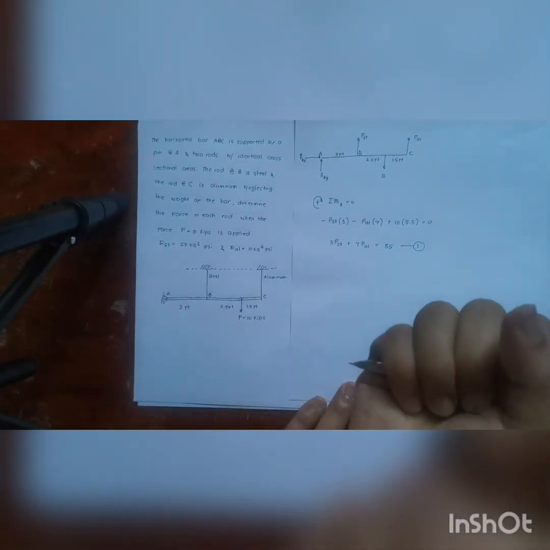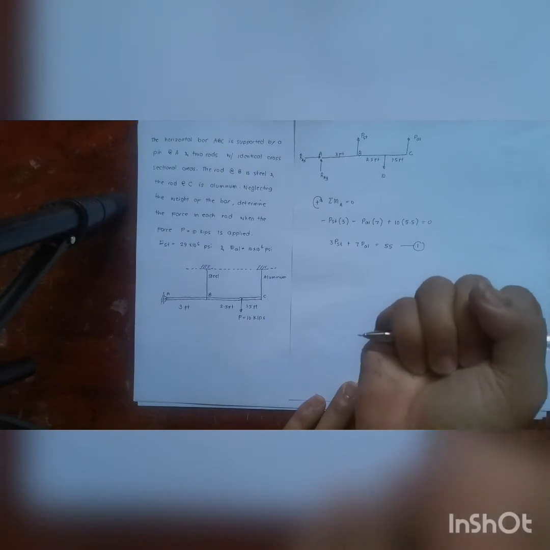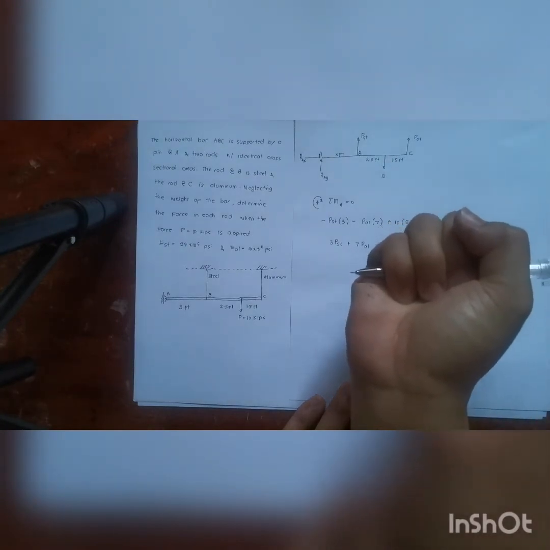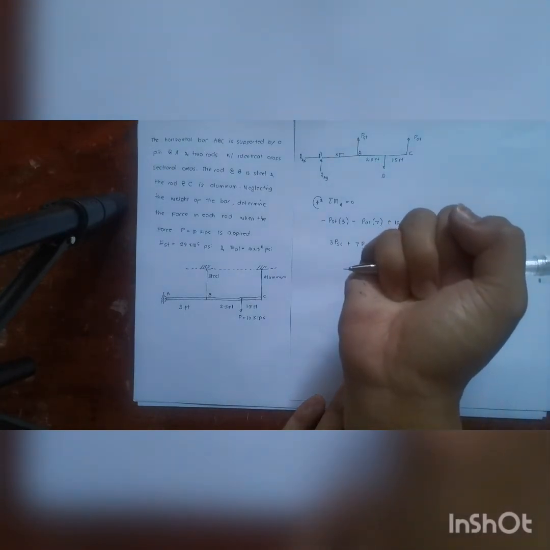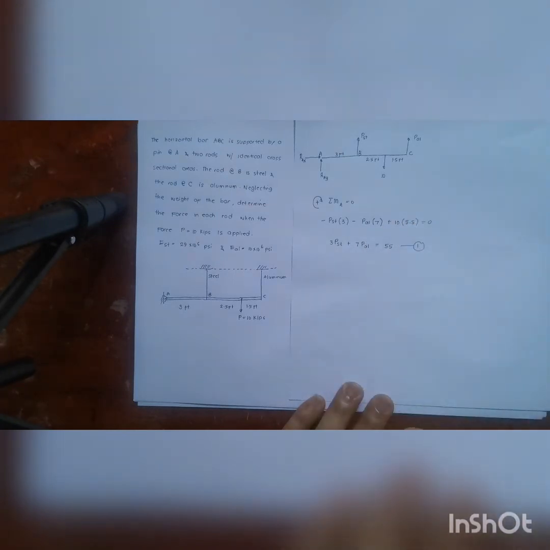Let's analyze our problem. Notice that load P is downward, so the tendency is to pull the system, the steel rod and aluminum rod, downward.